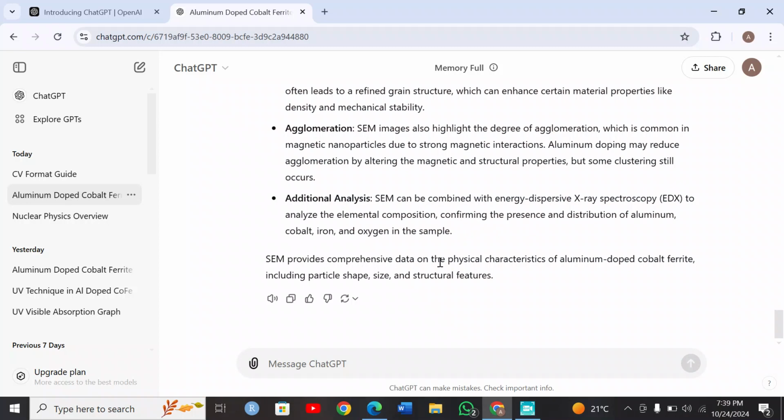SEM provides comprehensive data on physical features, including particle size, shape, and structural features. Morphology feature means structure at the surface: surface feature, particle size, shape, grain, agglomeration. This data is given by SEM analysis.